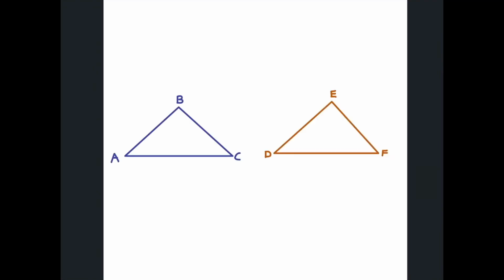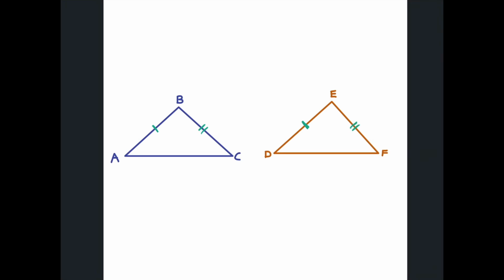Let's talk about the first way of proving triangles congruent. Let's say we have 2 triangles, triangle ABC and triangle DEF. Let's say that segment AB is congruent to segment DE. And let's also say that segment BC is congruent to EF.